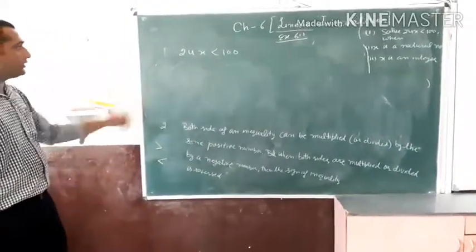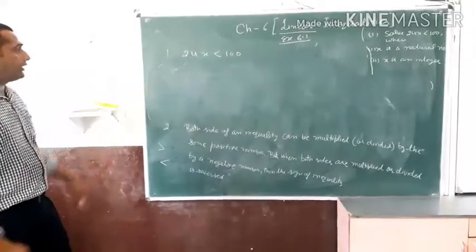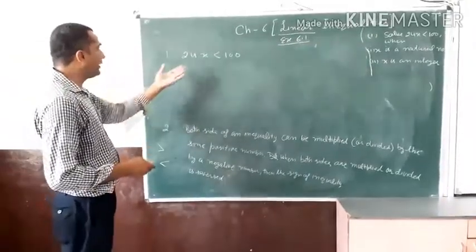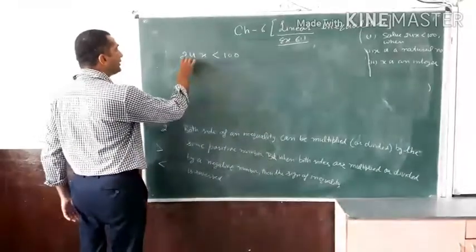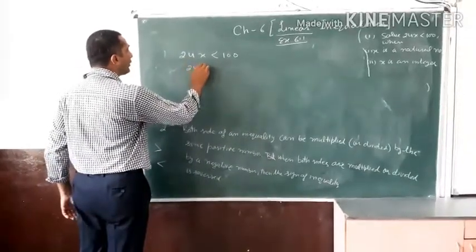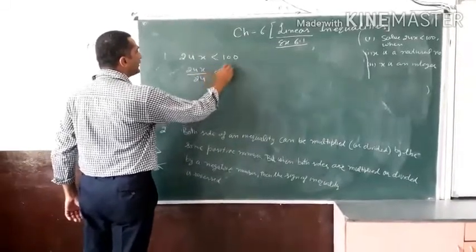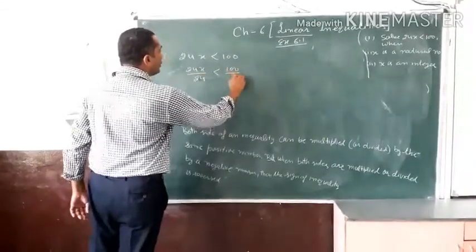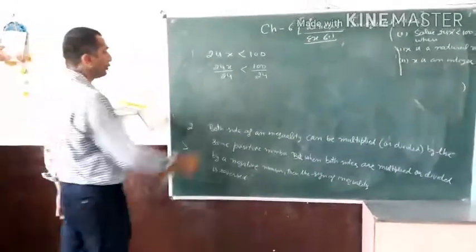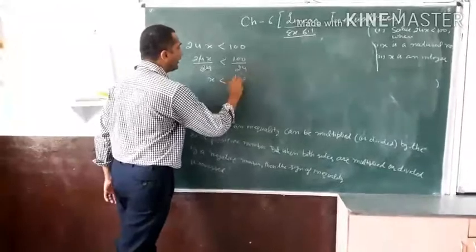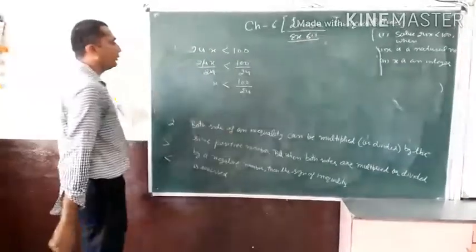As we know the rules of inequalities, we can divide both sides by the same number: 24x over 24 less than 100 over 24. So it will be x less than 100 over 24.